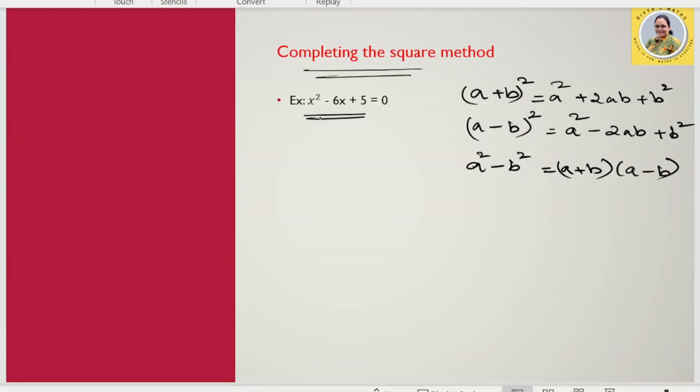If you can arrange this equation into any of the identities, you can easily find the roots of this equation. So let us try to solve this equation.